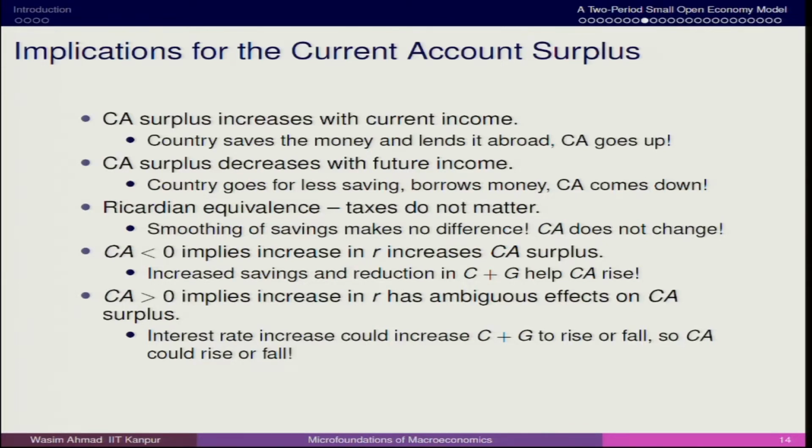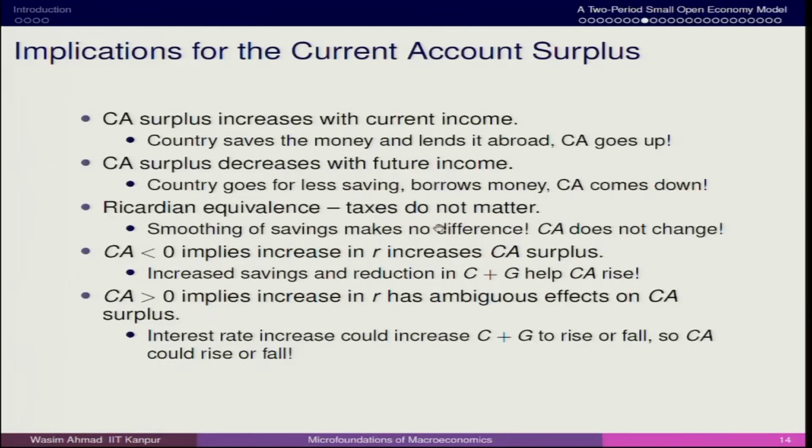If the country has a scenario in which it feels that it is going to have better income in future, it will react in the same way as the particular individual. So, the individual or representative consumer's behavior can be replicated here at the country level, and then we can think about the current account surplus.